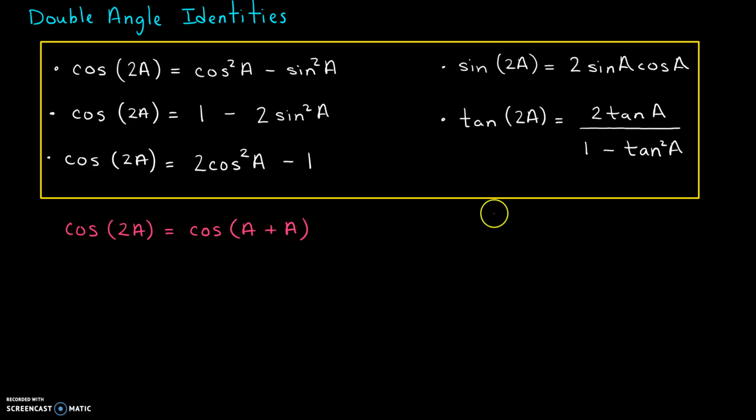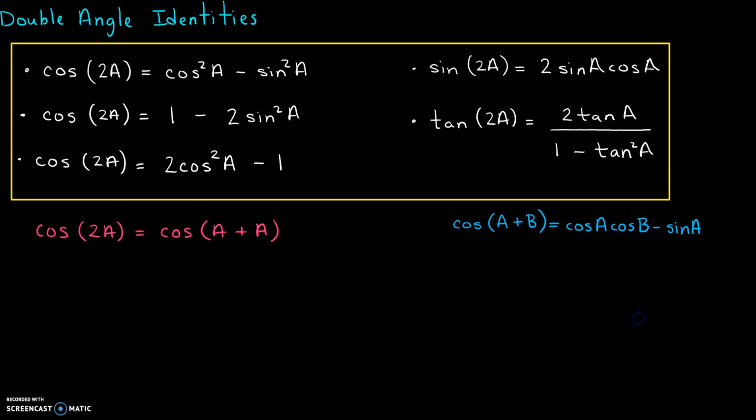In the previous section, we wrote that cosine of a plus b was equal to cosine of a, cosine of b, and then we subtracted sine of a, sine of b.